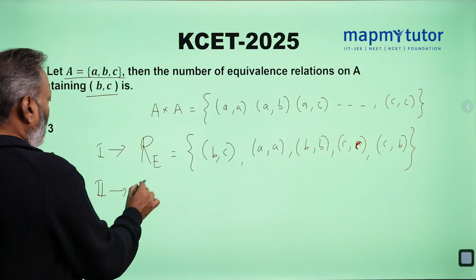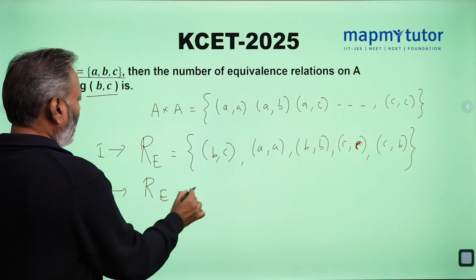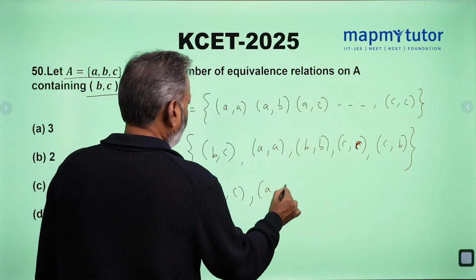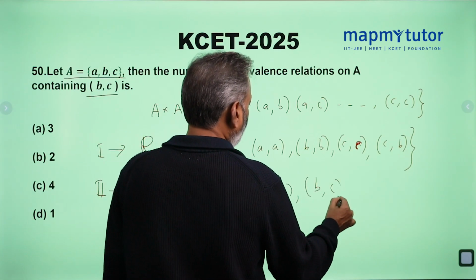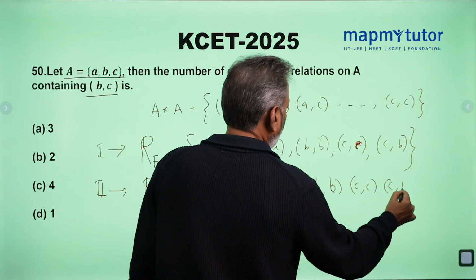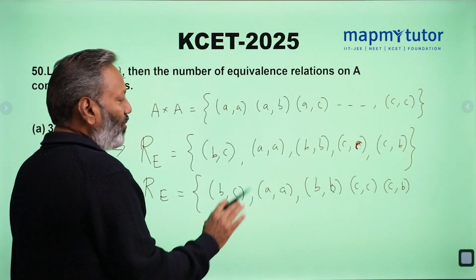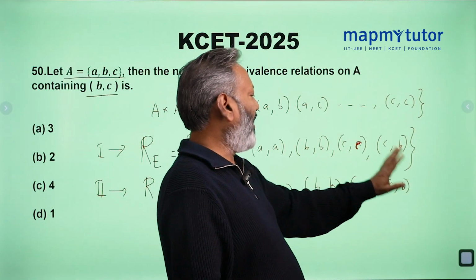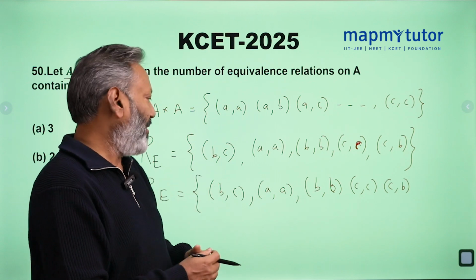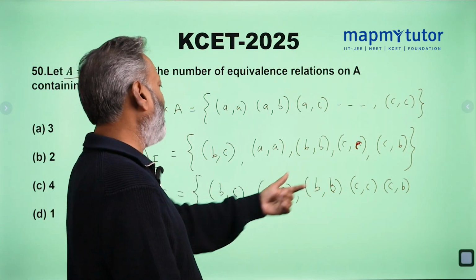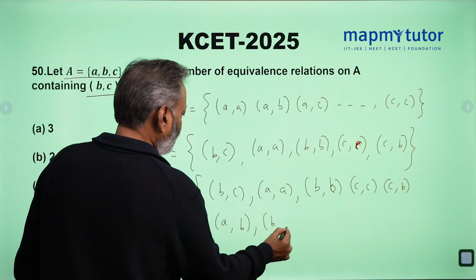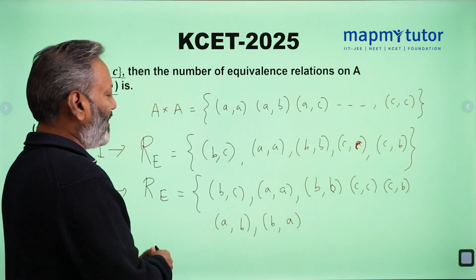What is case 2? Again, an equivalence relation. If you consider BC, AA, of course, as in the previous case, BB, CC, and CB. Of course, up to this I can consider. Now, 1, 2, 3, 4, 5 ordered pairs I already considered. Remaining 4, let me try with them. Suppose AB is not there. If I add AB to this, I must add BA. Correct or no? Then only symmetry.